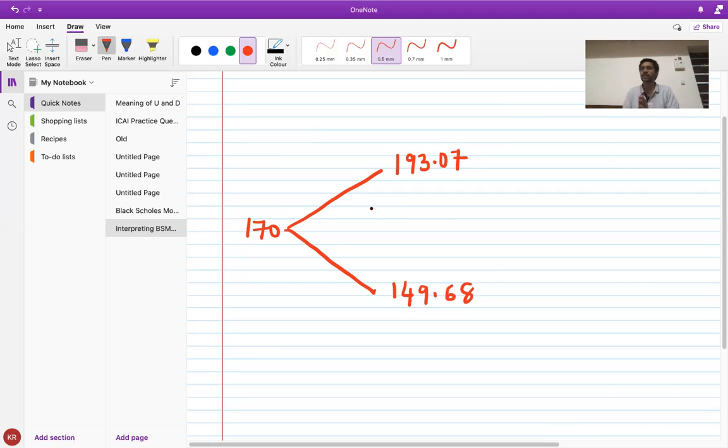Whereas when you buy a share, you're literally paying the whole share price itself. So this is the main difference. That is the reason we look at a call option as not just buying shares, but as leveraged stock buying. The word leveraged stock buying means you're borrowing money from somebody and then you're buying shares.